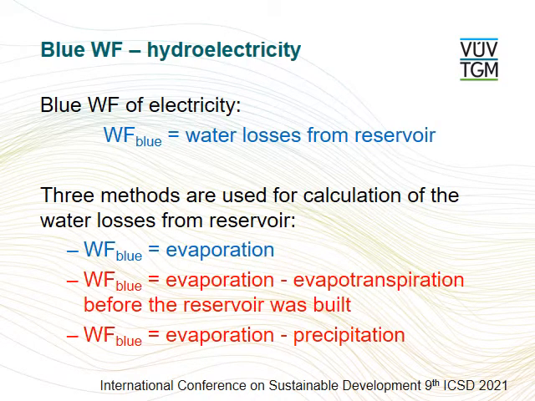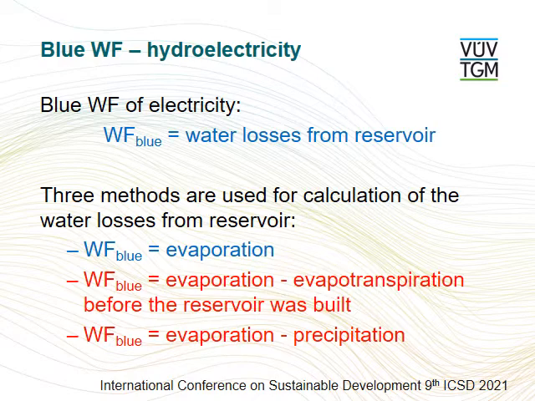The next example is focused on the sustainability assessment of hydroelectricity. The blue water footprint of hydroelectricity is mainly calculated as water losses from the reservoir. Unfortunately, there are 3 different approaches described for the calculation of water losses from reservoirs.